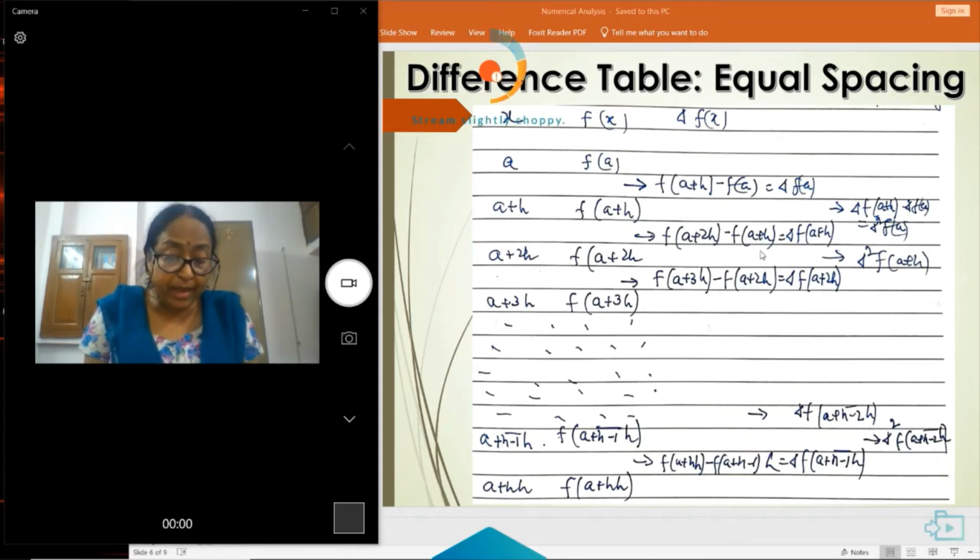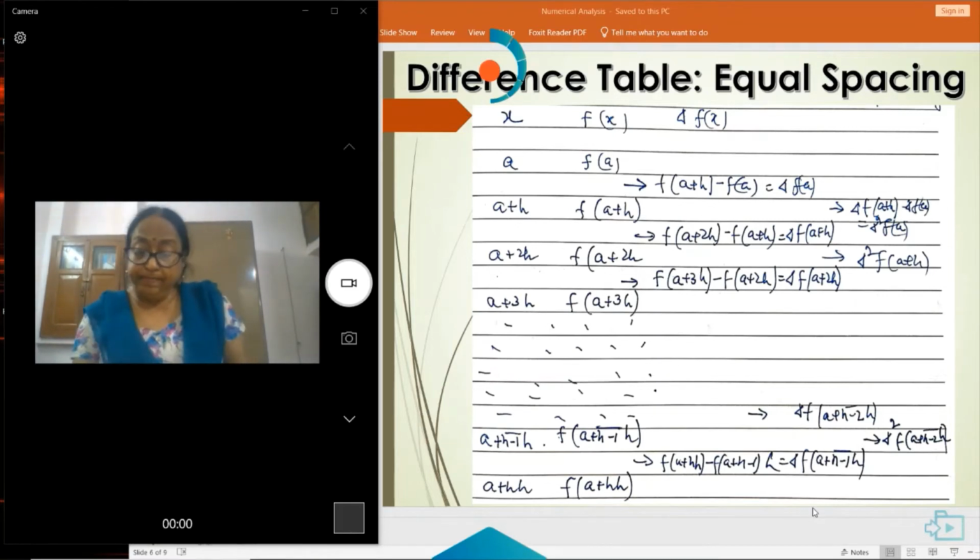Third value, delta of f(a plus 2h) is f(a plus 3h) minus f(a plus 2h). Lastly, delta of f(a plus (n minus 1)h) is equal to f(a plus nh) minus f(a plus (n minus 1)h), and so on.